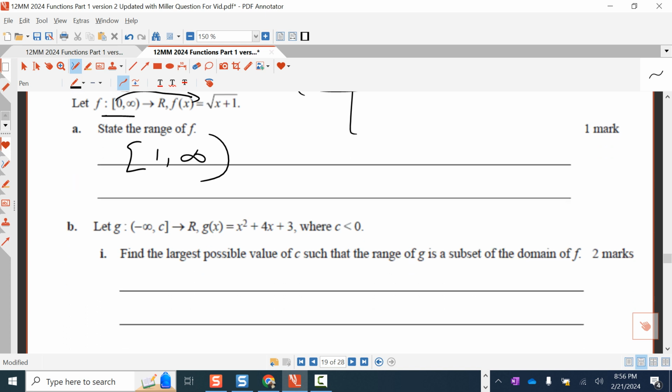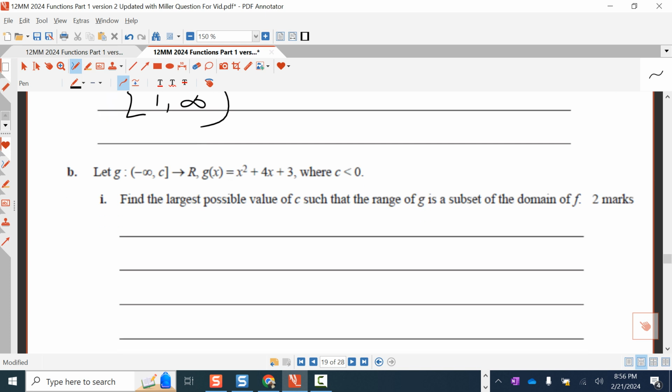Let g equal this quadratic, with c less than 0. Find the largest possible value of c such that the range of g is a subset of the domain of f. So what they're doing is getting us to restrict the domain of this, essentially, so we can form a composition later on.